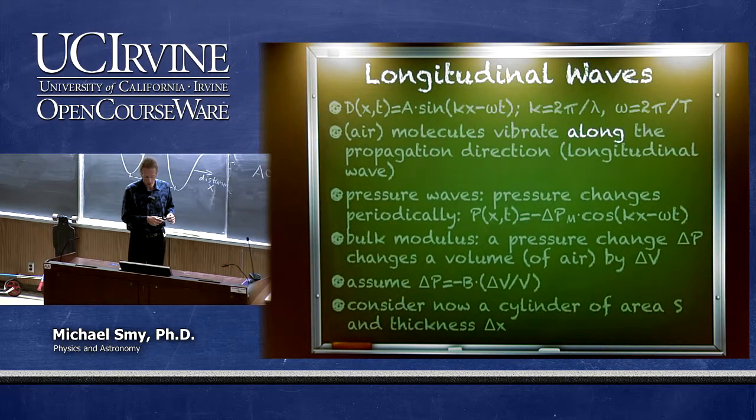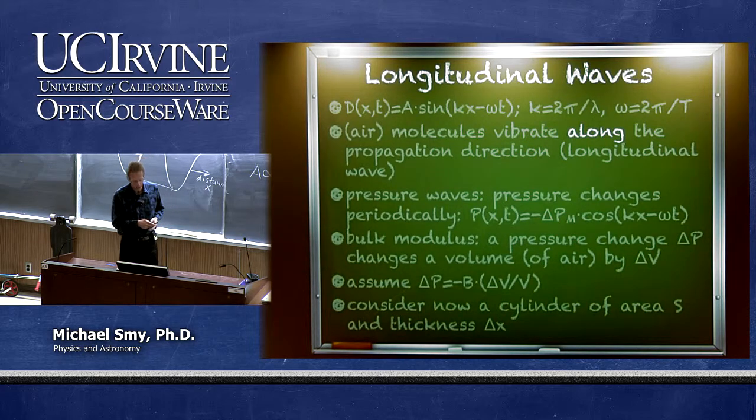One can also consider it a pressure wave, that is, it produces a periodic variation of the air pressure. And that can be represented mathematically in this way. We have some pressure amplitude times cosine kx minus omega t.